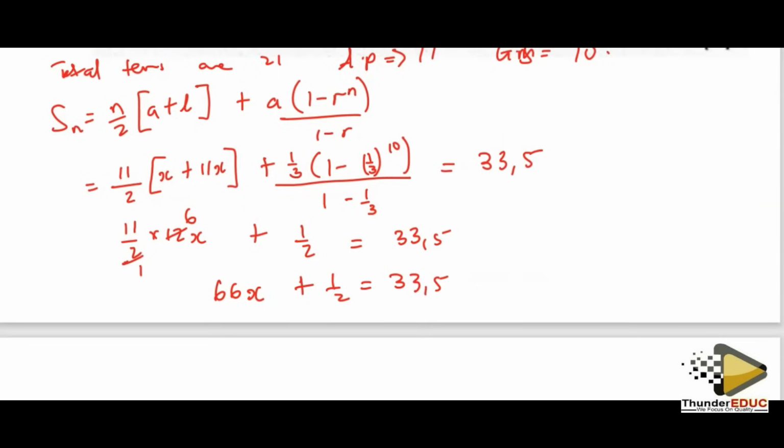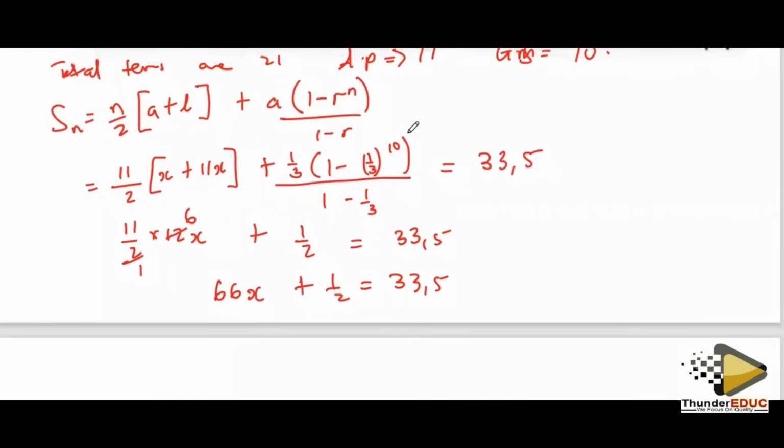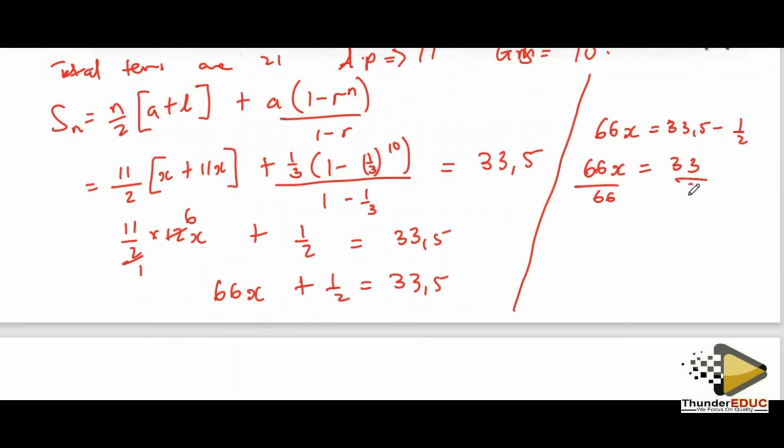Then I can, let me just use this space here. I can move this half that side, so it means 66x is equal to 33.5 minus a half. We know that a half is 0.5. So 66x is the same as 33. I'll divide by 66 on either side, so that my x becomes, is it a half also?